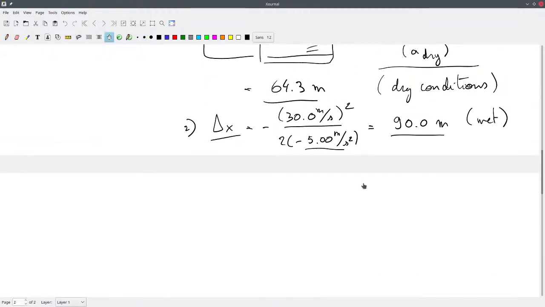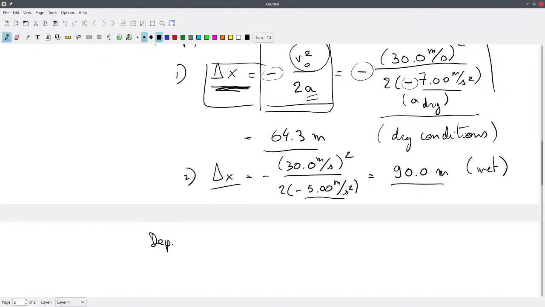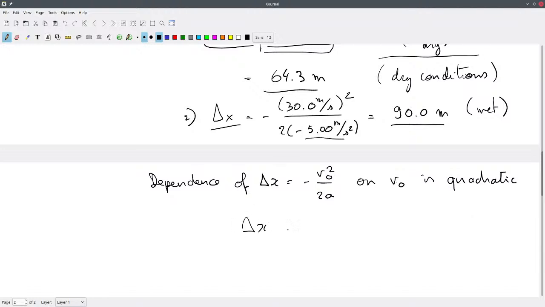The dependence of delta x, which is minus v0 squared over 2a, on v0 is quadratic. Or also delta x is proportional to v0 squared. So if v0 doubles, delta x becomes 4 times larger.